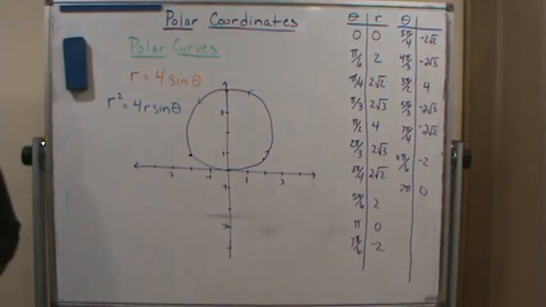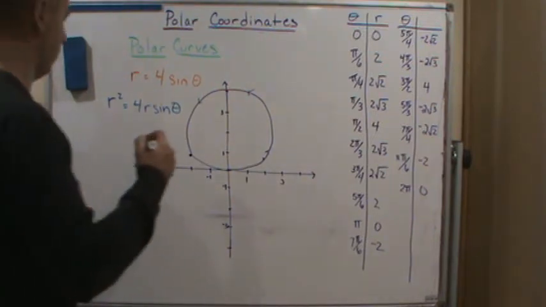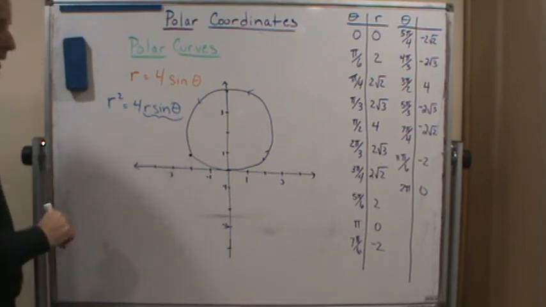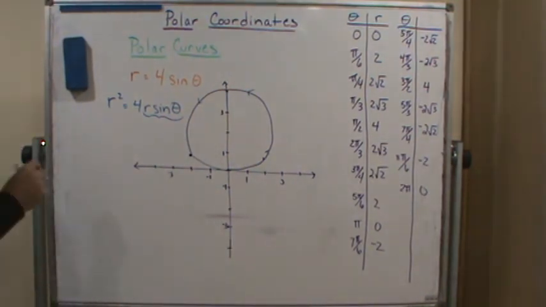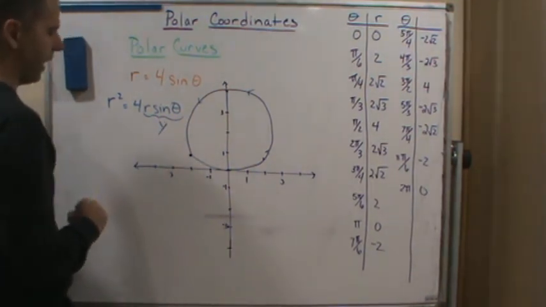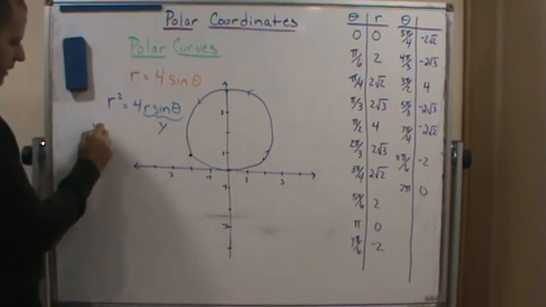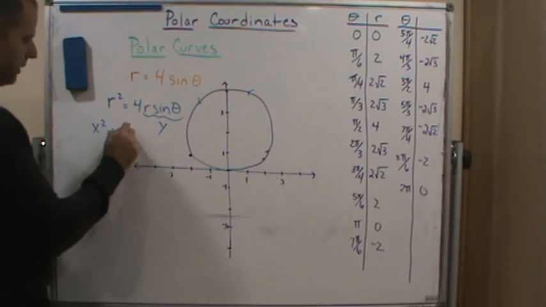Now why would I do that? Well, what is r sine theta? That's y. What is r squared? Well, that's just x squared plus y squared.